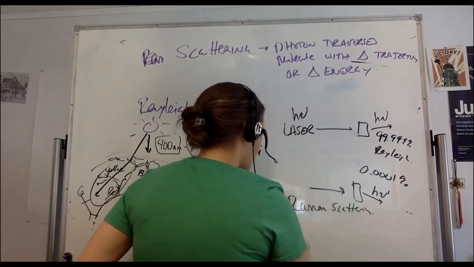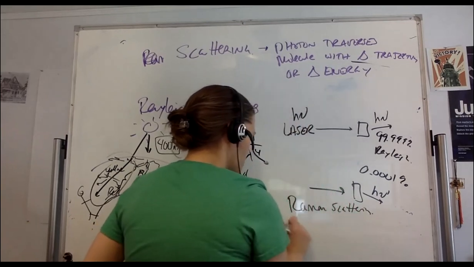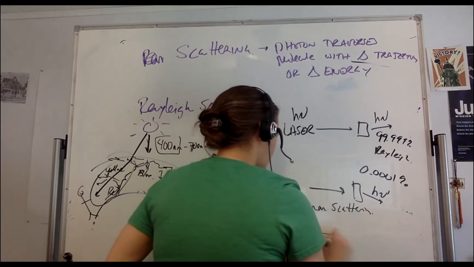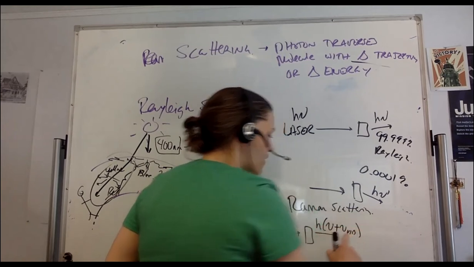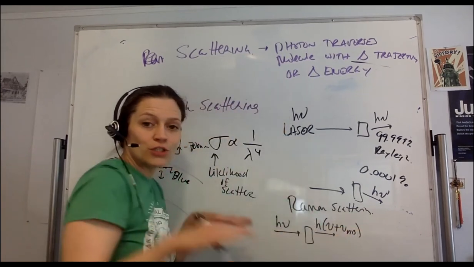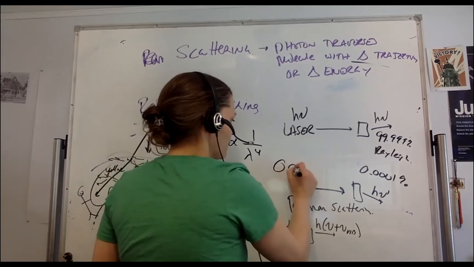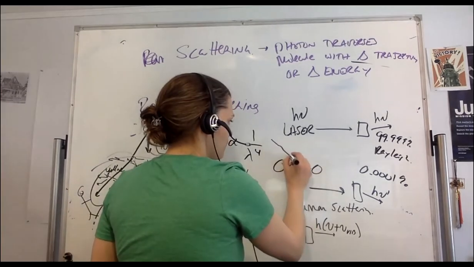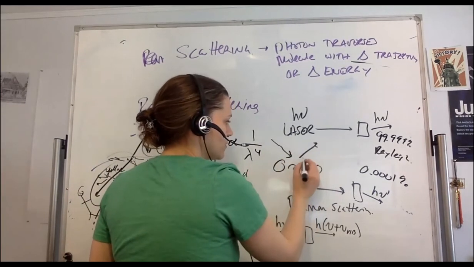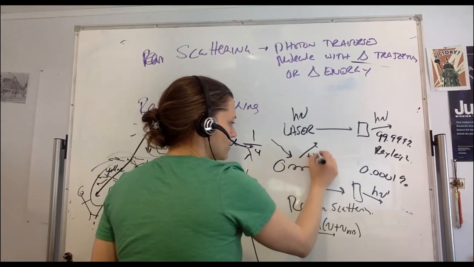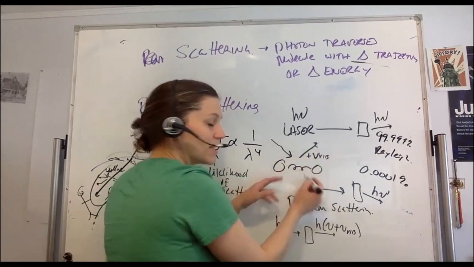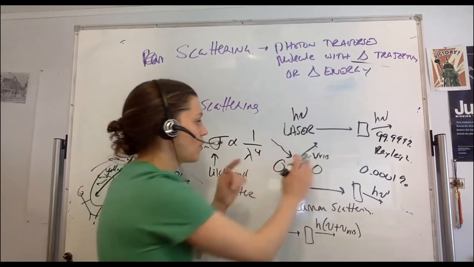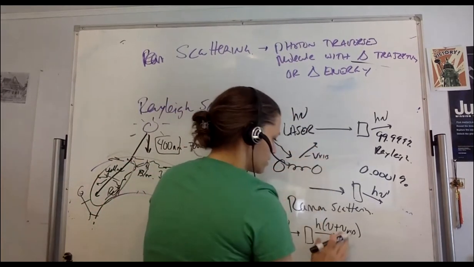And so the laser light comes in and hits the material, and when it comes out, if it's h nu minus the energy of a vibrational mode, the light leaves with the frequency minus the frequency of the vibration.